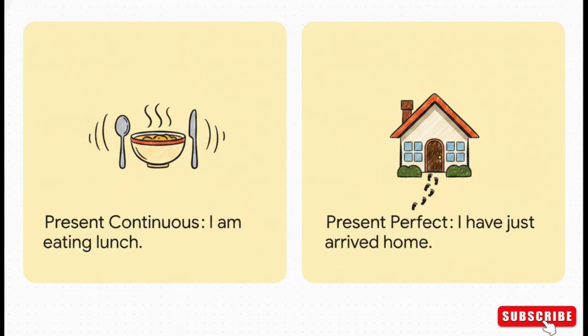Think of the phrase, "I have just arrived home." Words like already, just, and yet are super common here. You might say, "First, I went to the store, and I've just arrived home." See that? It adds immediate real-time context to your daily story, perfectly blending what happened earlier with exactly where you are right now.